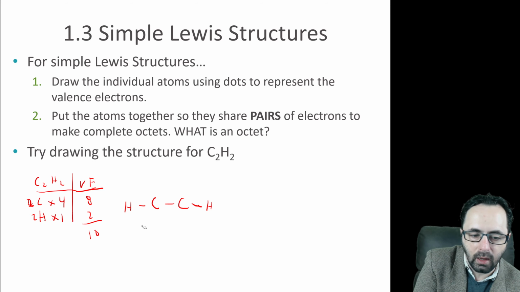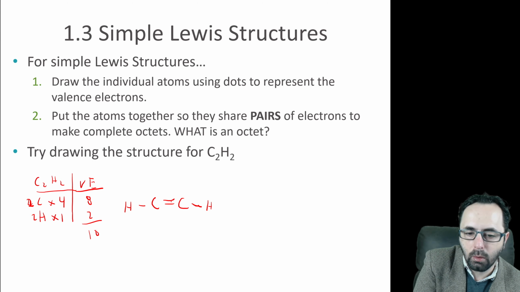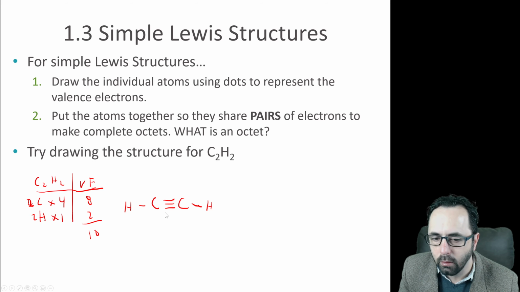In this case, we're going to actually have to erase another one so that we can draw a triple bond, and that gives each carbon 4 bonds, 1, 2, 3, 4, and so that's the number of bonds generally carbons make. And it's also got an octet, 2, 4, 6, 8. The hydrogens have their 2 electrons, just their 1 bond there, and that's it.